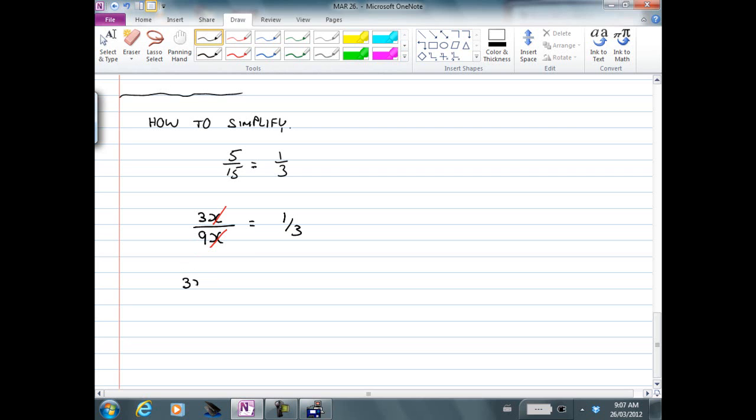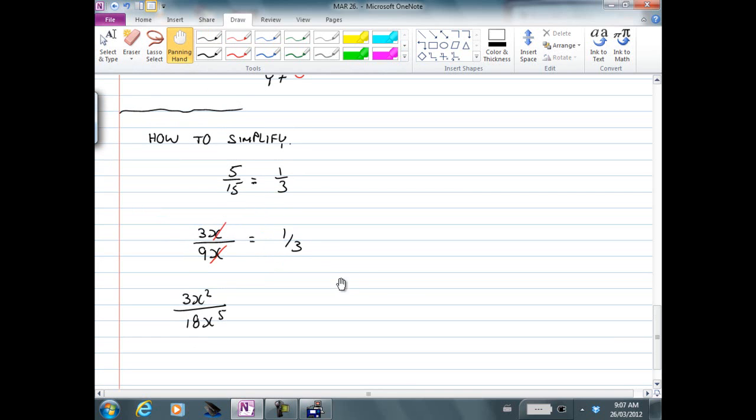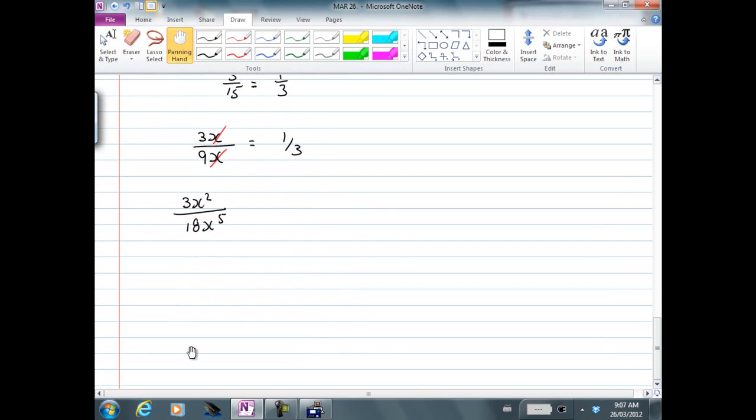Okay. What if I give you 3x squared over 18x to the power of 5? Just a tad bit more challenging. Exact same concept. I'm going to push you a bit more this time. Who haven't I asked yet? Divya, take a guess.